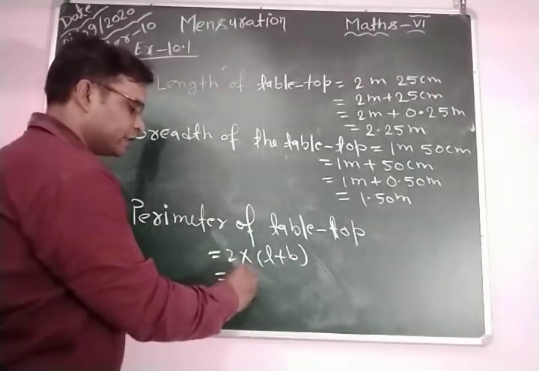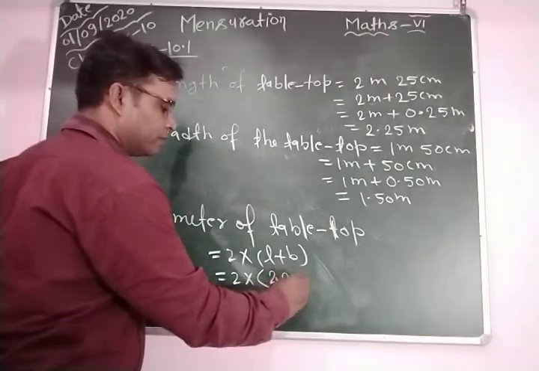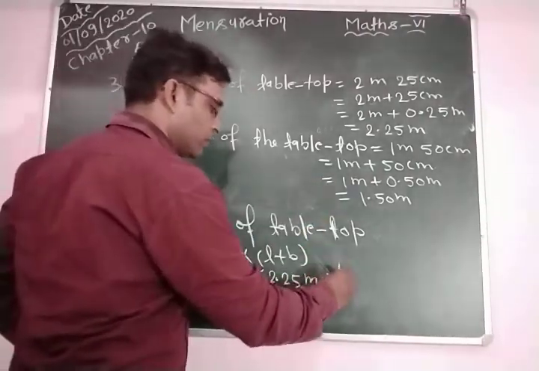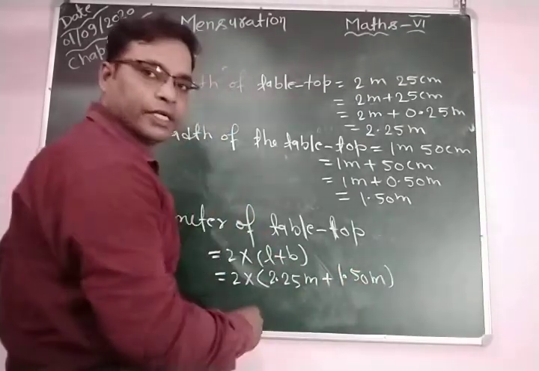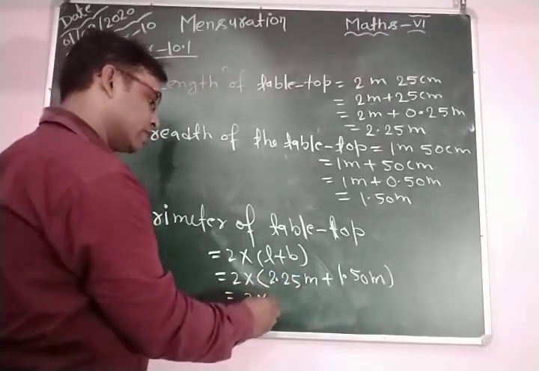Length is given here as 2.25 meter, plus breadth is also given here as 1.50 meter. If you add them, then we obtain 2 into 3.75.